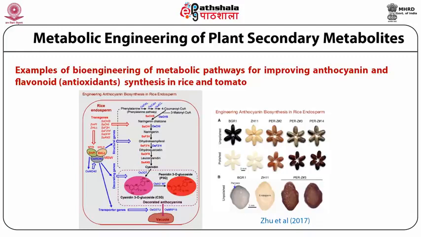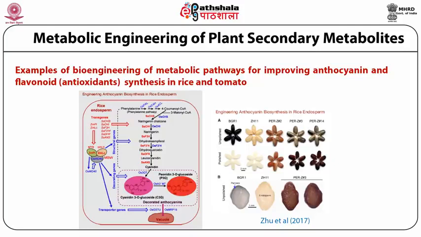Recently, scientists have developed rice varieties where rice seeds have a high amount of anthocyanin. Normally, the rice we consume does not contain anthocyanin in its seeds. Recently, there's a publication which says several genes have been transferred into rice and confer the property of synthesis of anthocyanin in rice seeds, which is shown on the right side of this picture, where the rice appears pink in color.